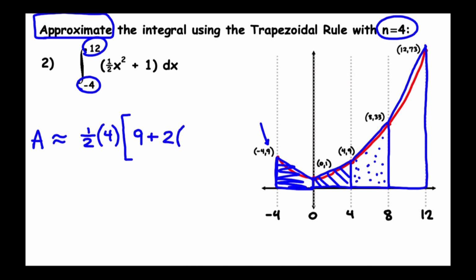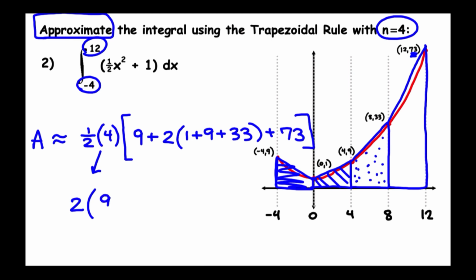Everything in the middle is going to get doubled. And the last one, this 73 right here, is only going to get used once. Okay, so there's my setup. Let's see what we have. 1/2 of 4, of course, is 2. We have 9, plus the stuff in the middle, all this good stuff, that's going to be 86, plus the 73 on the end.